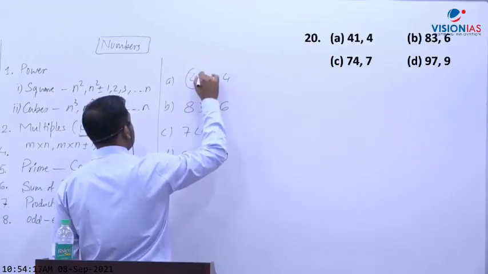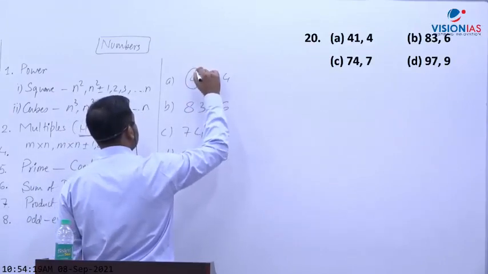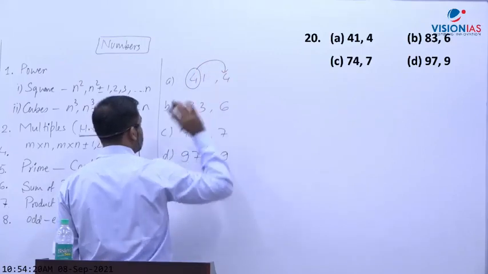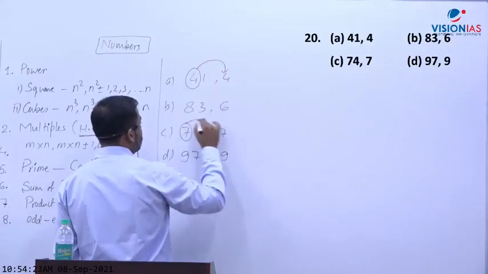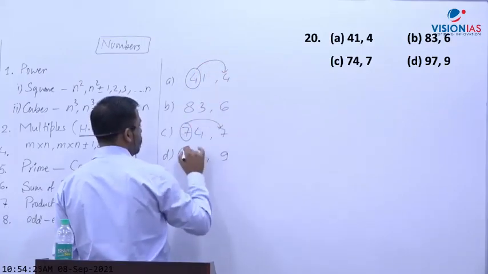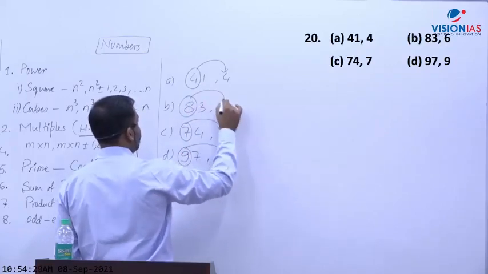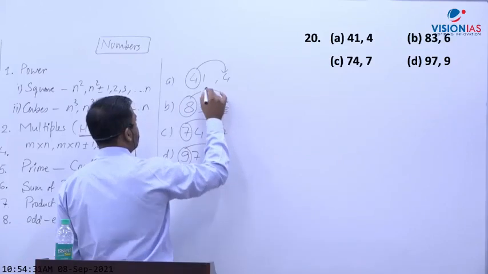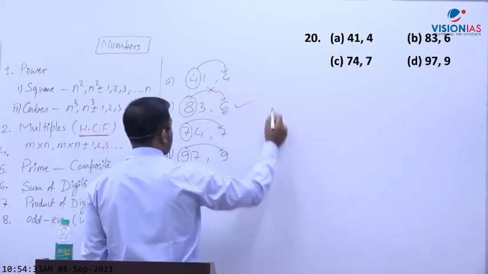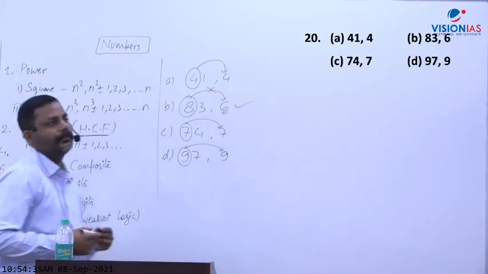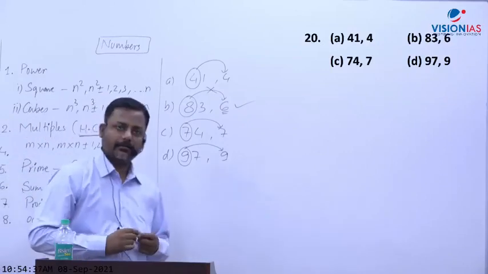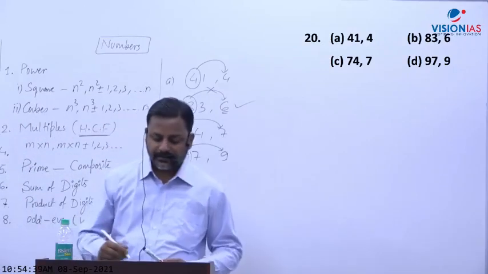If you can see in option first, the digit mentioned in the 10th place is written. Here also the same, and here also the same. On the basis of this, here 8 should be there. But here we are not finding 8, means this one is odd. So 83, 6 is odd.